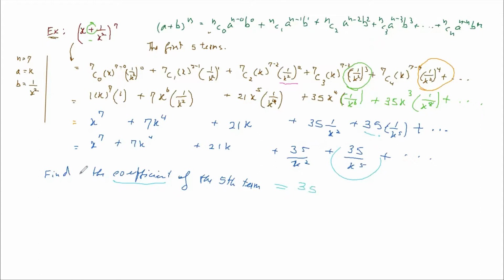But if this is, for example, A, is a B. If the question says find the fifth term of this expression, x plus 1 over x squared power 7, like this, you just answer what? Find the fifth term, so you answer the whole thing. Your answer is going to be 35 over x power 5.